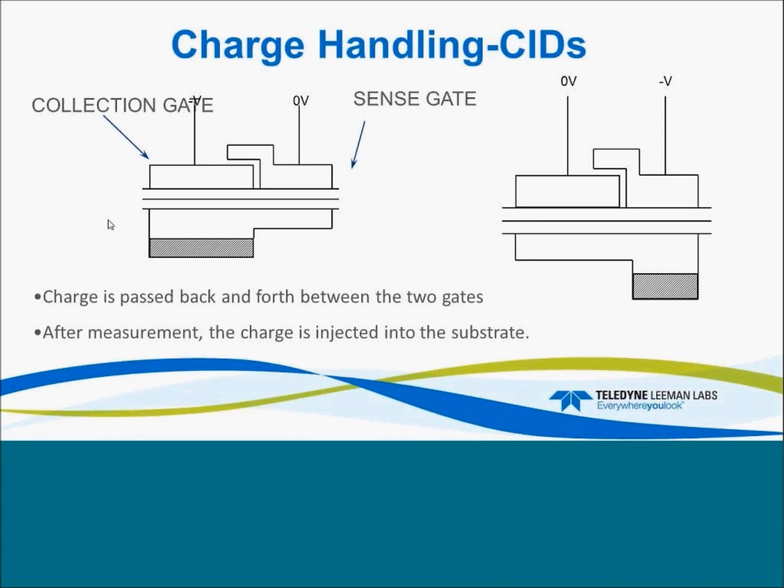If it gets above a certain threshold, clear that threshold and then start measuring again. So it's not possible for blooming to occur because I can measure the charge before it gets to a saturation state. Then once the measurement is done, the charge for all devices just gets injected into the substrate, and then the device is ready to make its next reading.